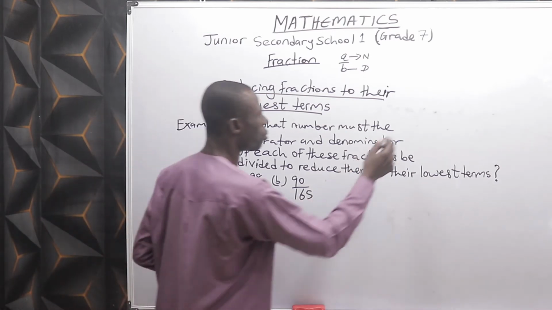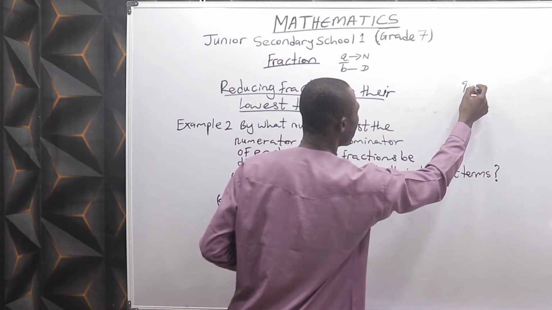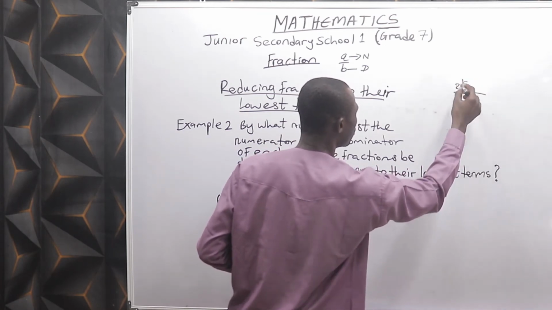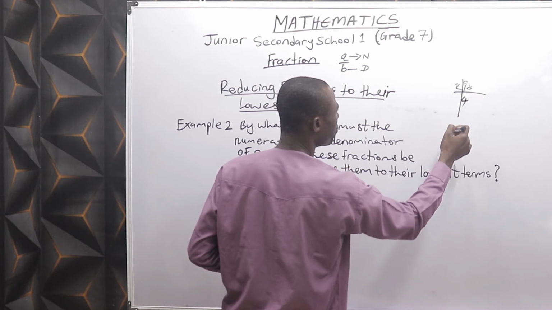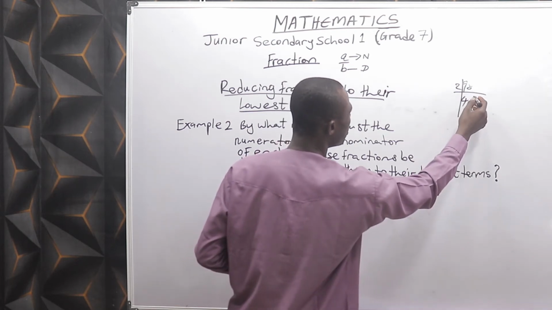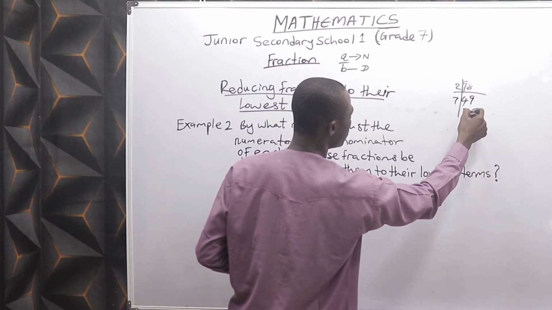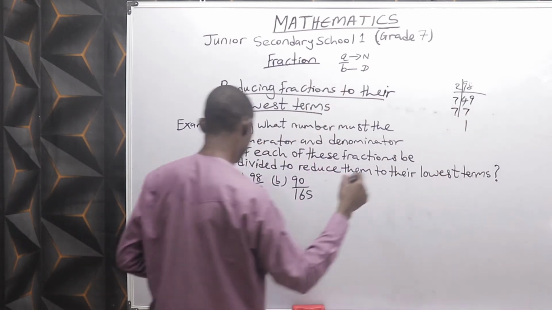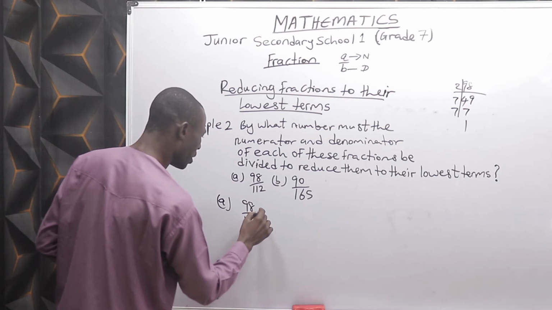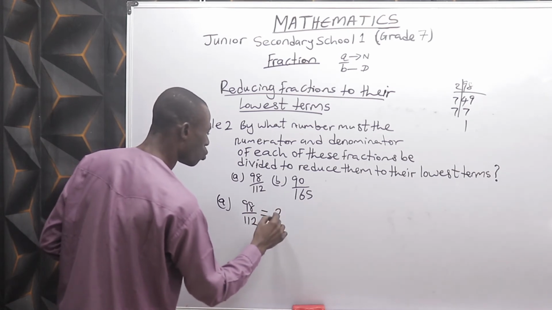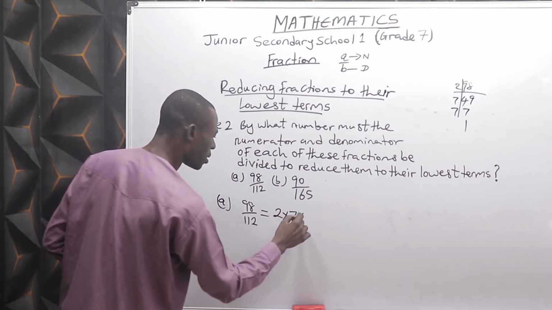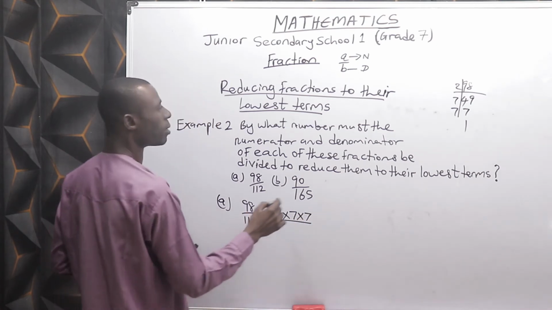This is what you are to do. Break 98 into factors. 2 in 98 is 49. In 49, 7. Then 7, 7, 1. So that means 98 is 2 times 7 times 7 all over.